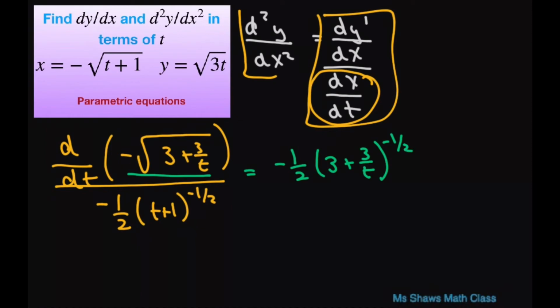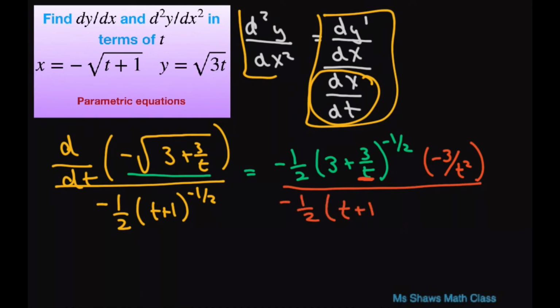We also have to differentiate that, and that's just going to be negative 3 divided by t squared. Our denominator is going to be negative 1/2 times t plus 1 to the power of 1/2. All right, so what we have is these 1/2s will cancel again, and this is negative 1/2.